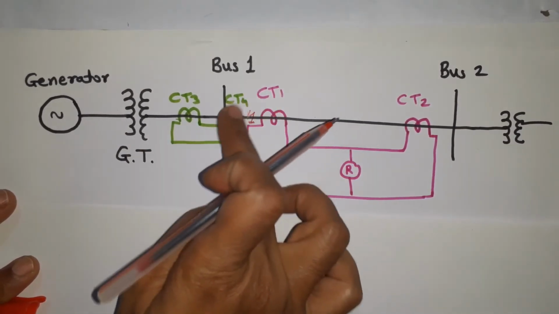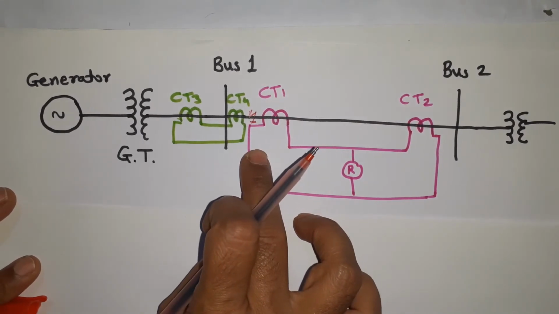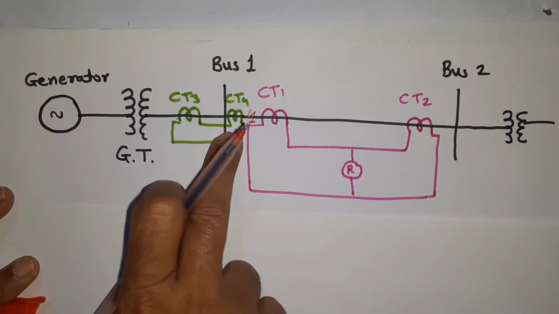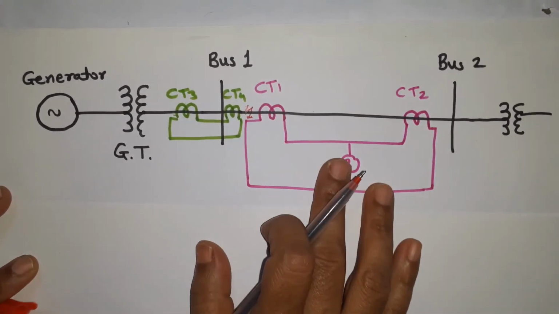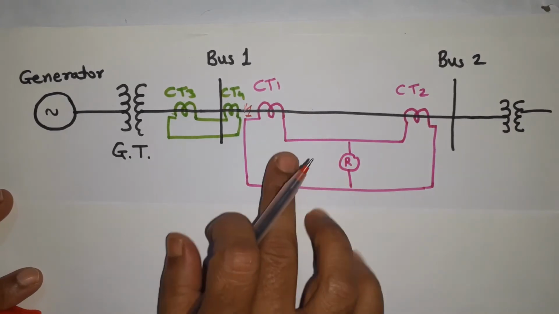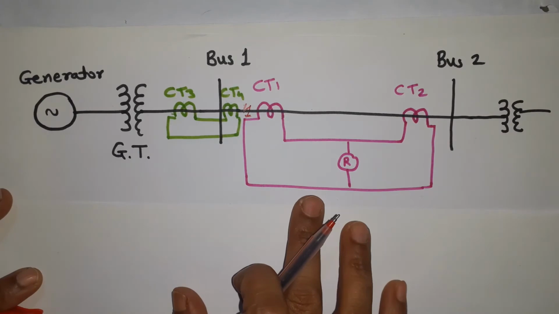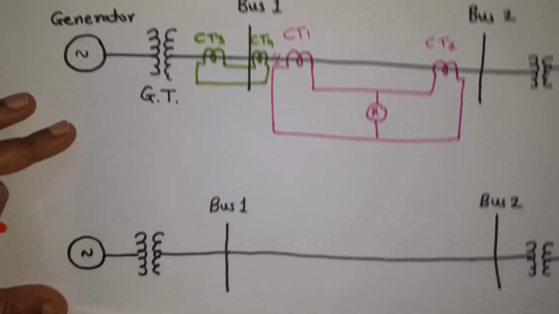This area will remain unprotected. So to avoid this, my second choice is I need to locate this CT4 at another location, so that this particular part will also get covered, and for that I need to have another arrangement.